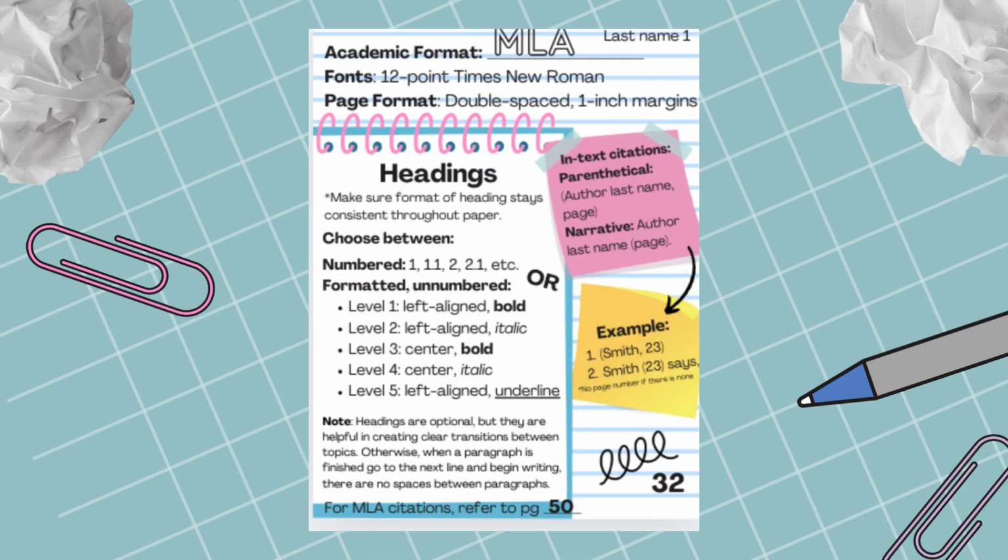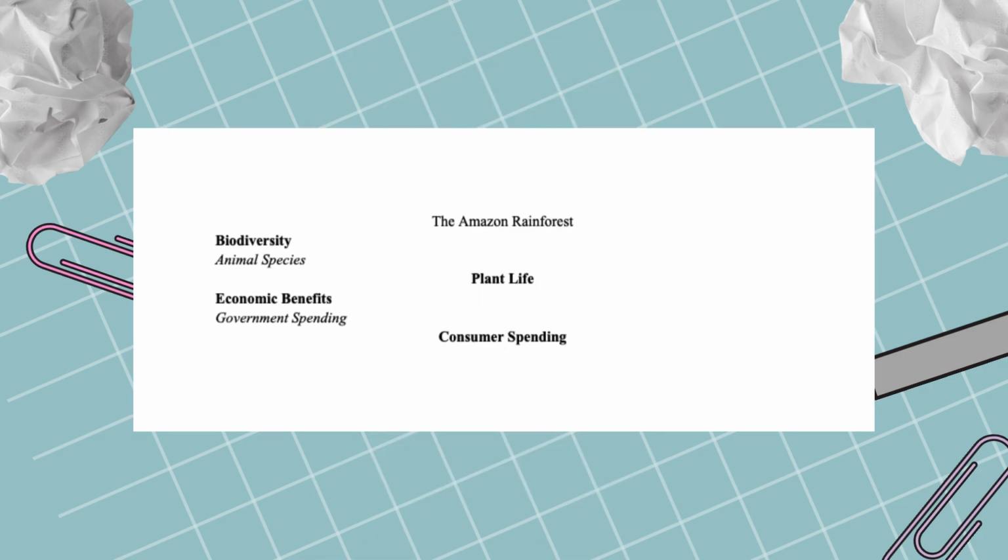On this outline, you can also see there are certain levels of headings. These headings are what divide your paper and do not include the title. The title of every paper goes into the center of the paper, but these headings section out different parts of the essay. For example, say I was writing an essay about the Amazon rainforest and I want to write 2 different sections about biodiversity and the economic benefits of saving the Amazon rainforest.